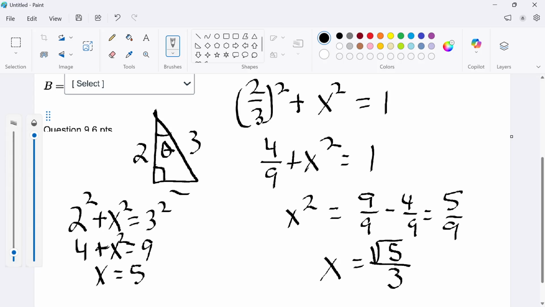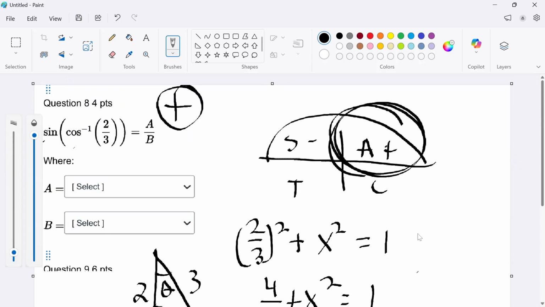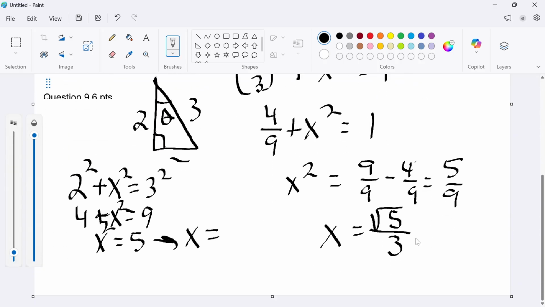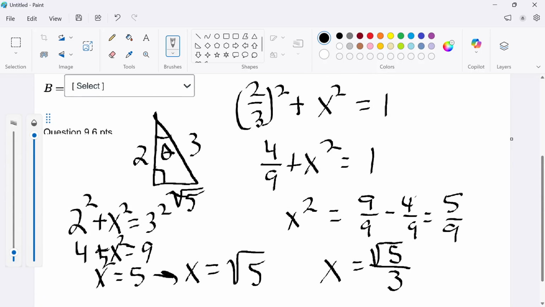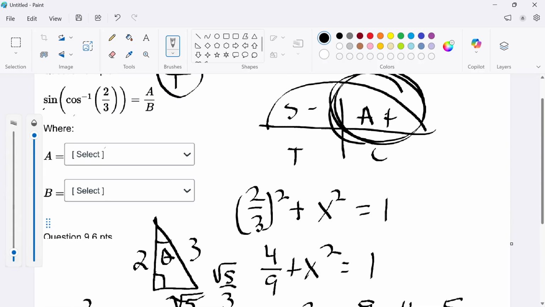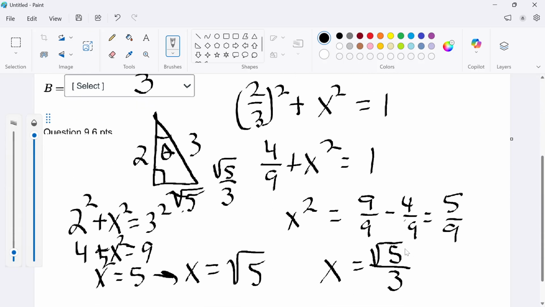And that is x equals plus or minus, but I'm in plus territory. So x equals the square root of 5. And now I can find the sine of theta: opposite over hypotenuse, the square root of 5 over 3. So A is the square root of 5, and B is 3. That's it.